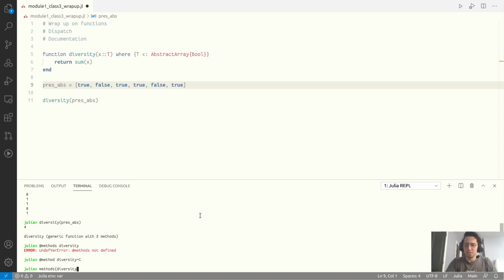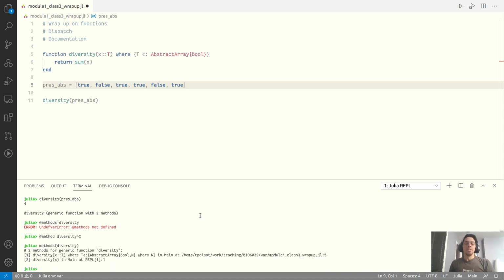I don't know. Yes. So it's going to tell us that we have one function called diversity, which takes as an input x of type t, where t is an abstract array of Boolean values. And then we have another method, which is diversity of x, which is going to be applied where the type of x is not matched by something more specific.